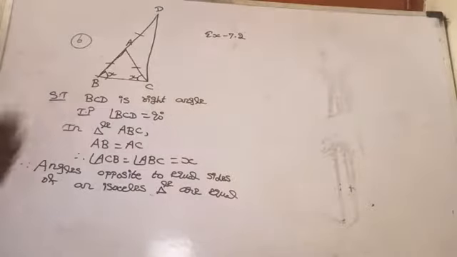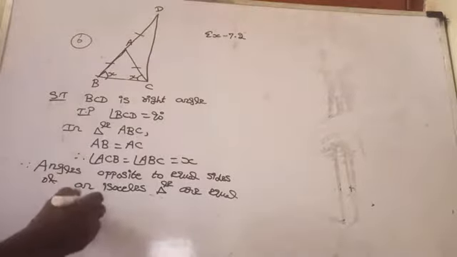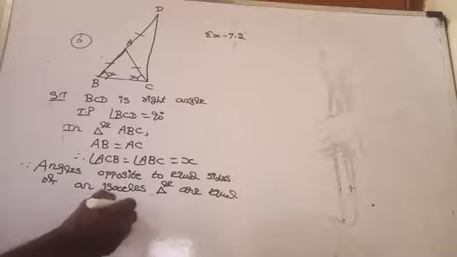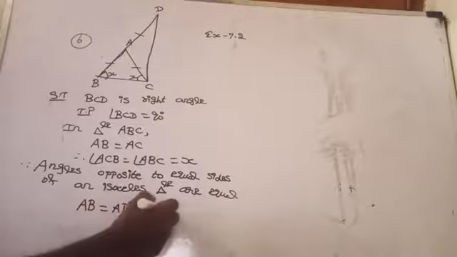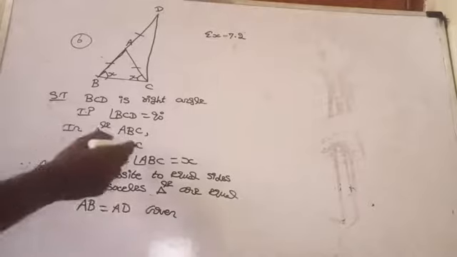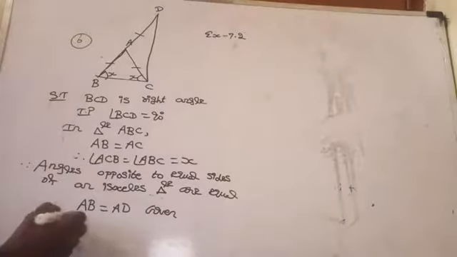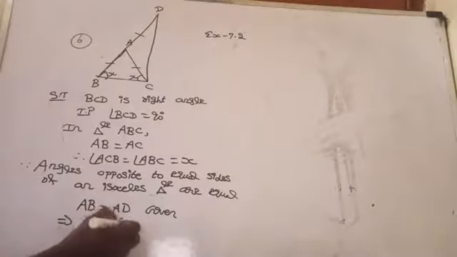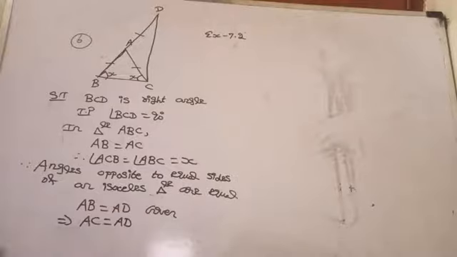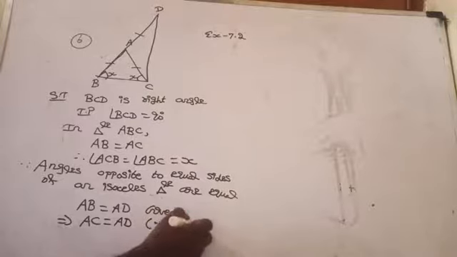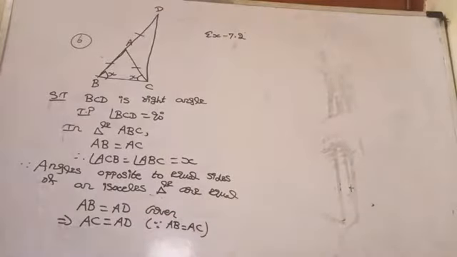And then it is given that AB equals AD. So already we know that AB equals AC. This implies that AC equals AD, since AB equals AC.